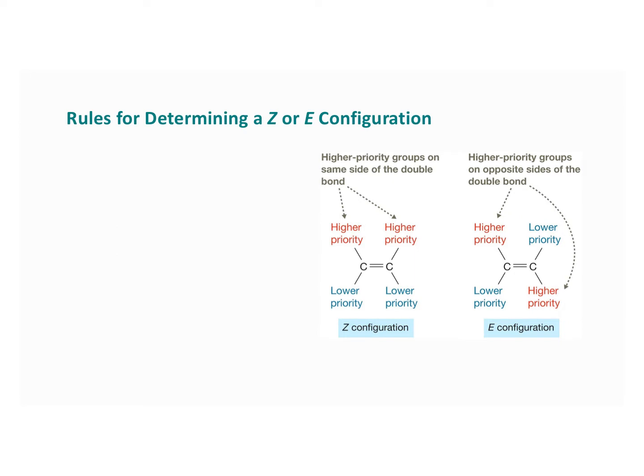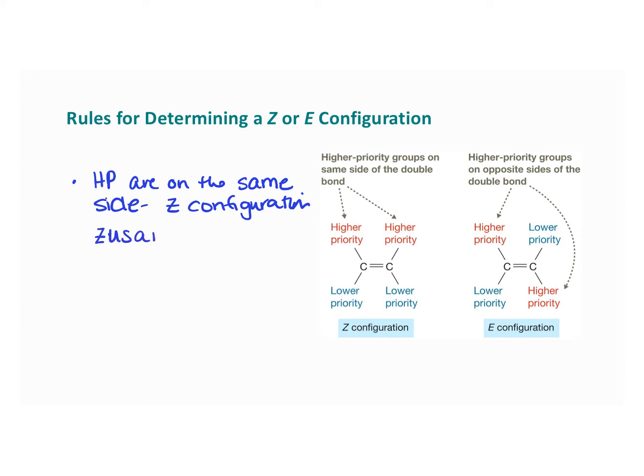I actually had another slide for that, so I got ahead of myself. If the high priority groups, HP, are on the same side, that's the Z configuration. And Z is from the German word zusammen, which means together.